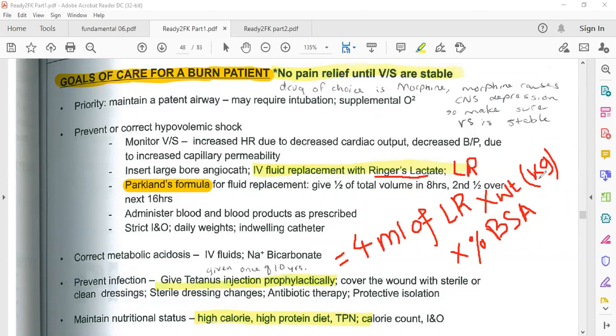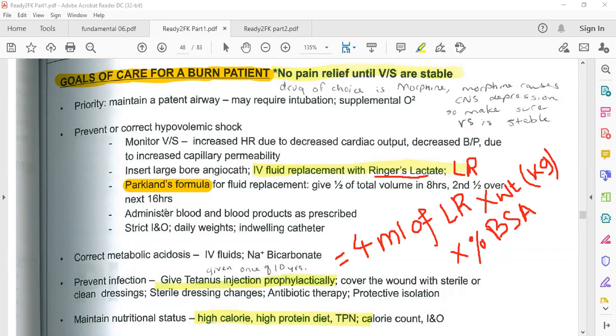So if your patient's body weight is 75 kg, then multiply 4 ml of lactated Ringer by the body surface area. How much body surface area is involved in the burn? How do we calculate it? By the rule of 9, which we discussed a few minutes ago.